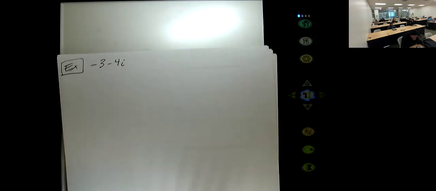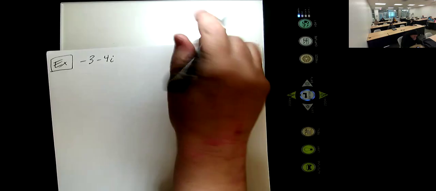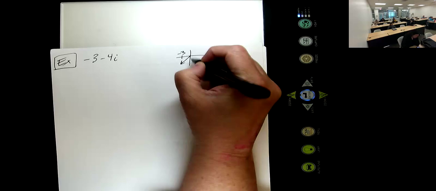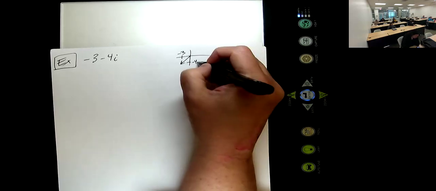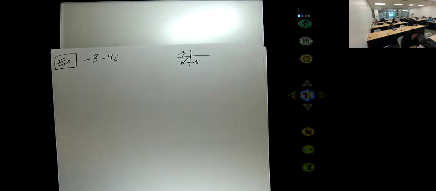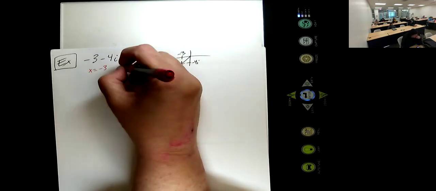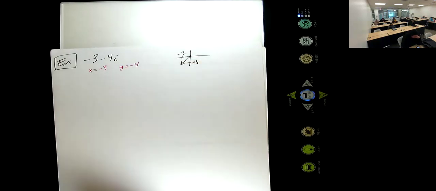Alright, what quadrant are we in? 3, we're in 3, right? -3 and -4. So x here is -3 and y here is -4.